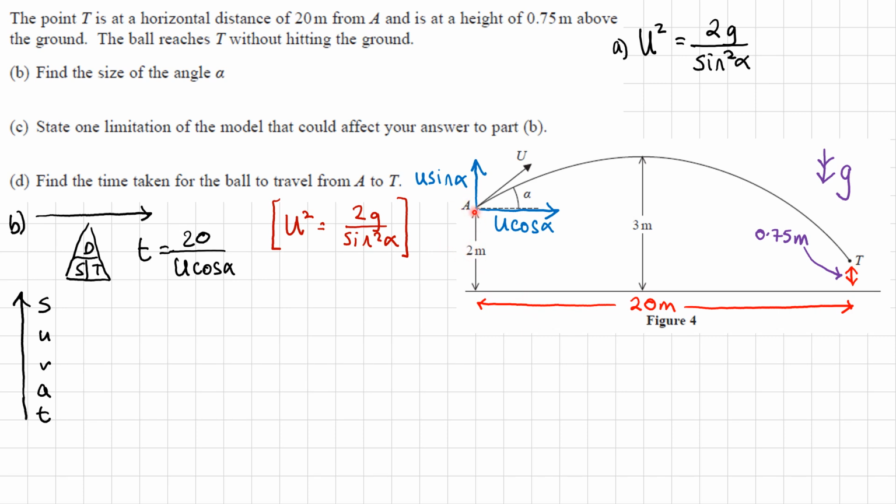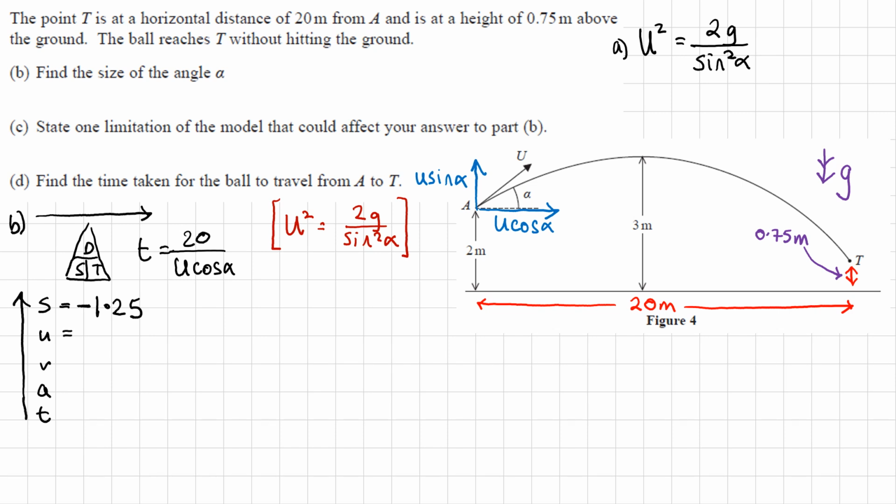Since we're taking upwards as positive, and it's now at a point which is below where we initially projected this particle, it's going to be a negative, and it's actually 1.25 meters below the point of projection. So it's going to be negative 1.25 for S.